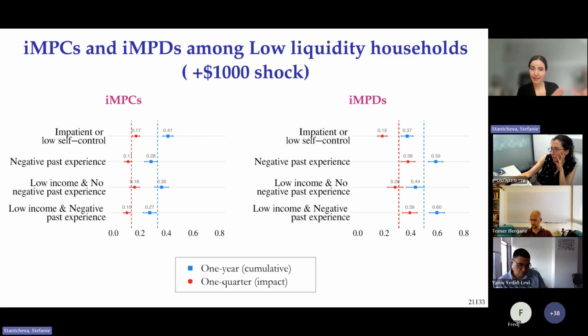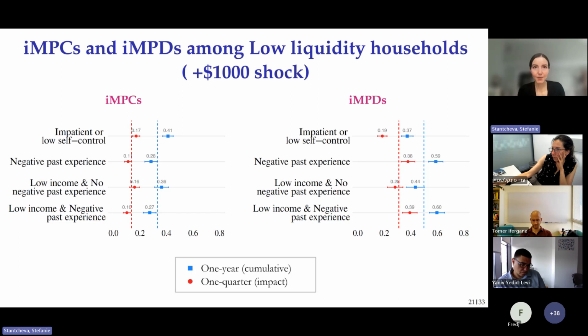They can have had negative shocks recently that have caused them to be low liquidity today. They may generally have lower income, so it might be a usual situation. Or it could be a characteristic, like maybe they're impatient or lack self-control, and that's why they always have low liquidity.